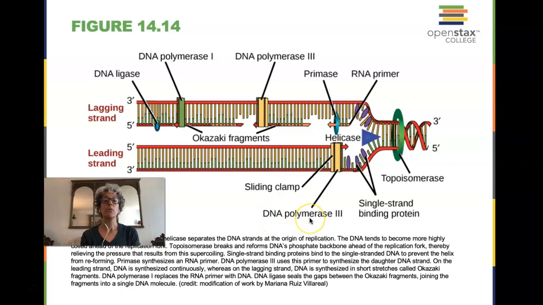And DNA polymerase 3 requires what is called a free 3' OH, that 3' end of the molecule. This is our parent strand, and when we look down here, yes, we had a 3' end that was available for DNA polymerase to bind and then synthesize the new strand.